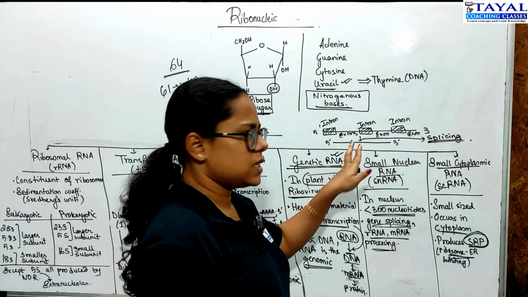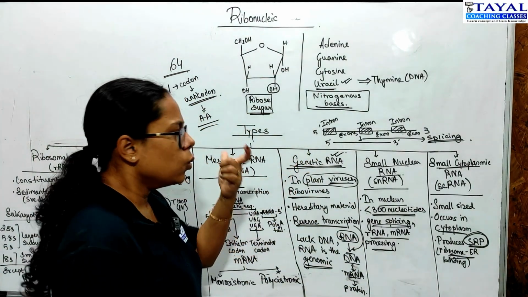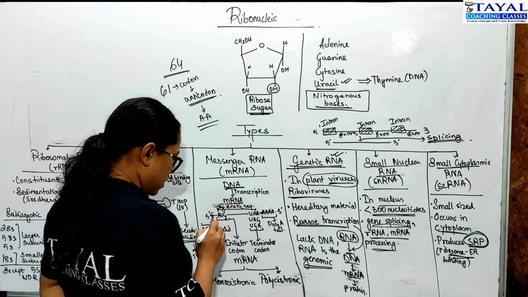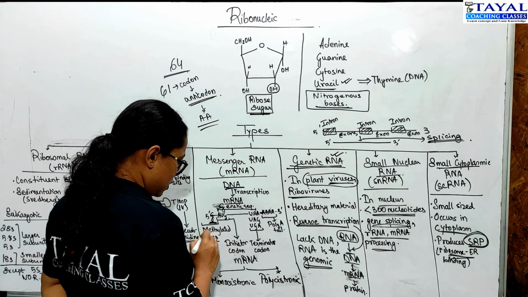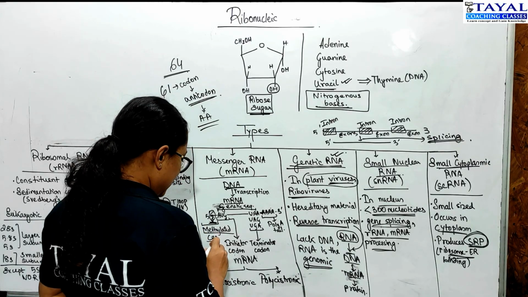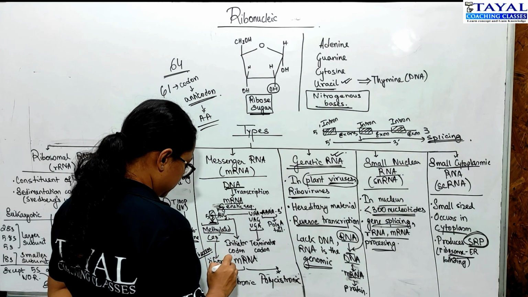Once spliced in eukaryotes, this particular mRNA will be modified or processed. How? One, a methylated cap containing a guanine is added to the 5' end. This helps in ribosomal attachment.